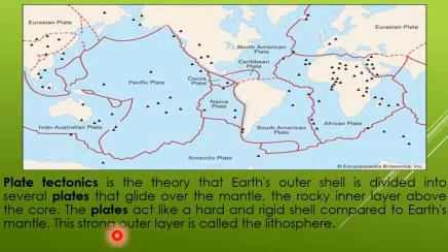Now, the plates act like a hard and rigid shell compared to the Earth's mantle. Now, this strong outer layer is called lithosphere. So etong mga plates na yan, these are still part of what we call lithosphere, na kung saan napakalutong na mga bato, and then ito ay nagkikiskisan sa bawat isa.